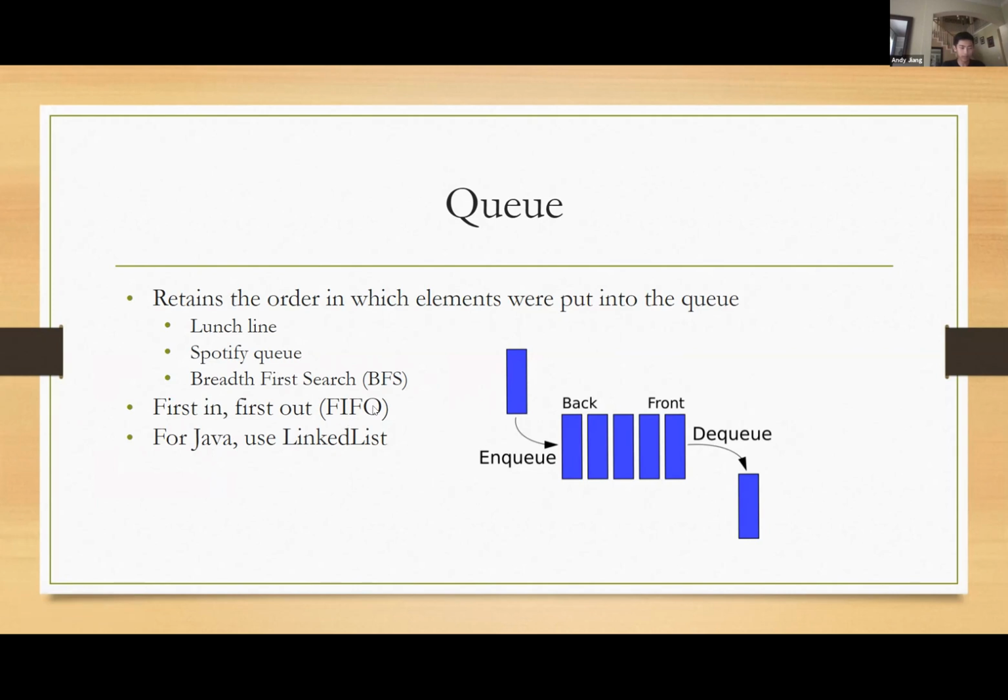And that's called FIFO. In Java, there's not actually a queue class. It is either an interface or an abstract class, which means I can't use it directly. But LinkedList either inherits, or let me actually search that up.